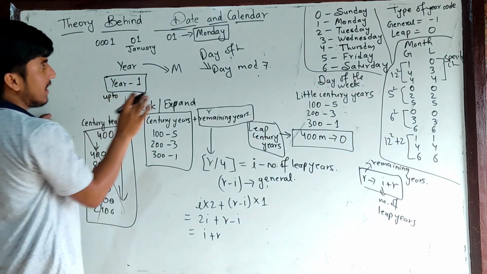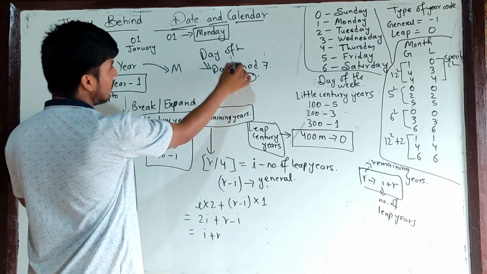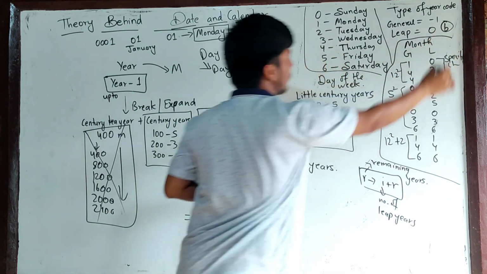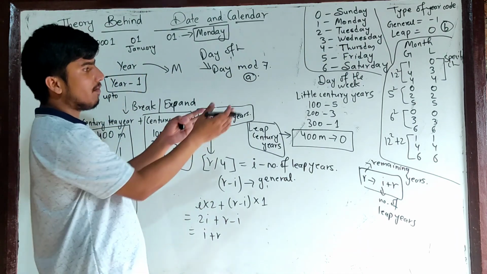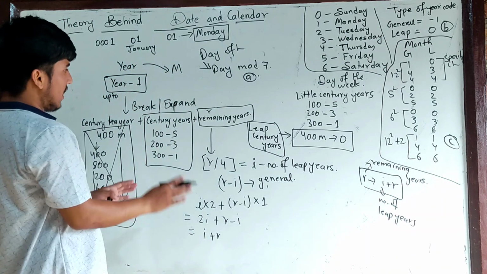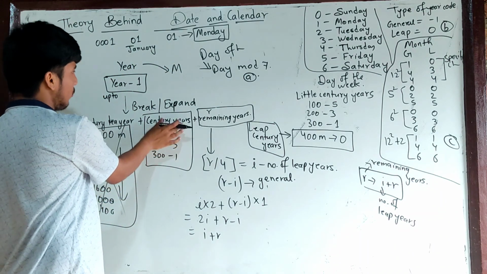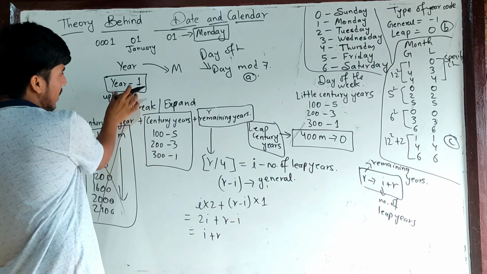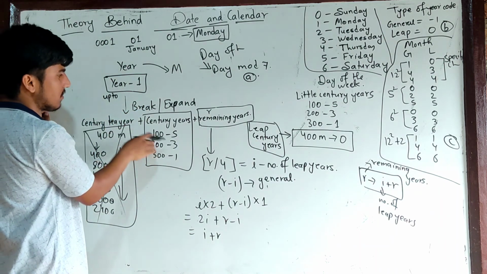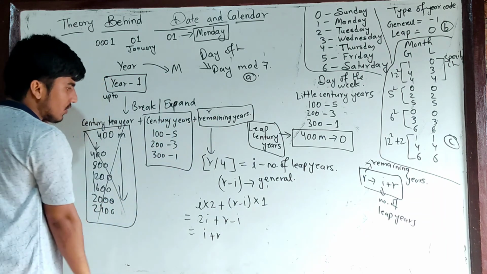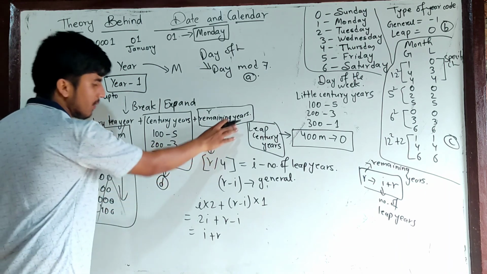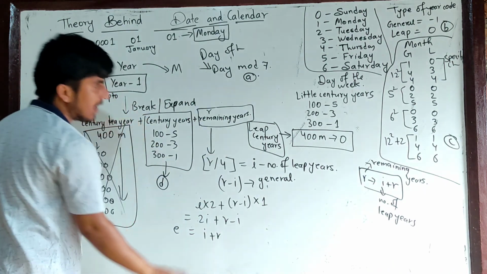For the day we have A, and for the type of year we have B. Then we move on to the month part, for which we have C, and then we move on to the year part by subtracting 1 from the year, and then expanding it into century leap years, century years and remaining years. The next code will be D for the century years, and the last code for the remaining years will be E, that is I plus R.